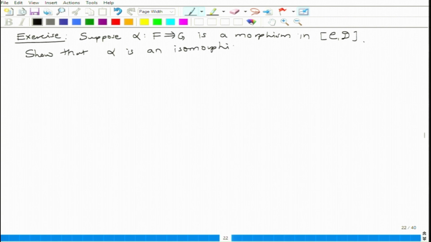What is the meaning of alpha being an isomorphism here? There exists a morphism from G to F. Yes, the beta such that alpha beta is equal to identity. Identity on what? No, alpha beta is identity on? No, not C.